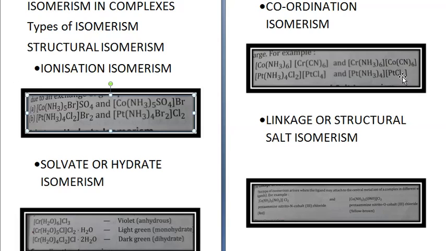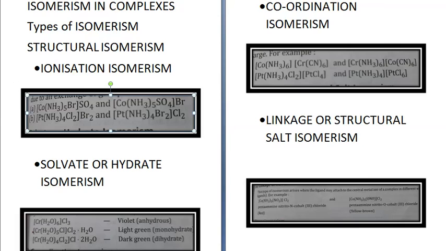So example is [Co(NH3)5NO2]Cl2 and [Co(NH3)5ONO]Cl2. In the first case attachment is through nitrogen atom, in the second case attachment is through oxygen atom. The first compound is red in color and the second one is yellow brown. So these are the four types of structural isomerism which can be seen in coordination complexes.